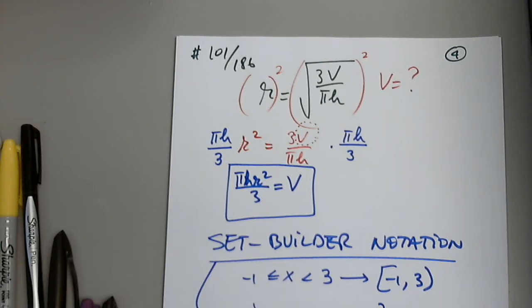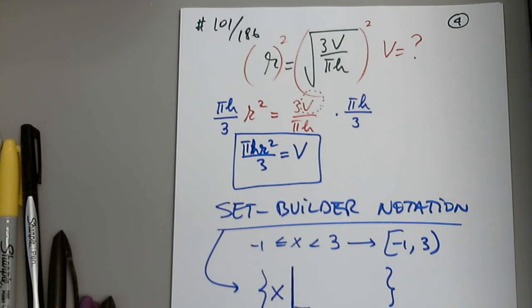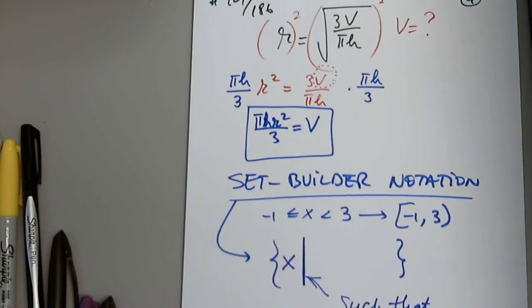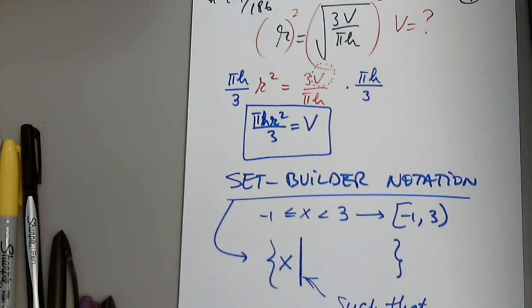It uses braces. I have to write x, then write or draw a vertical bar, which stands for such that, or also having the property.